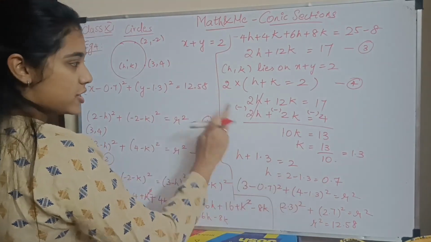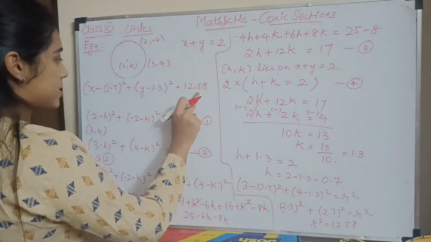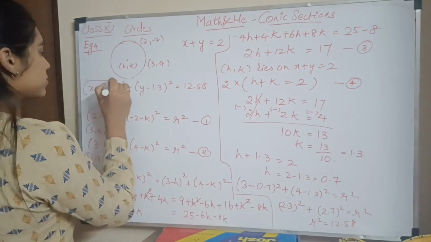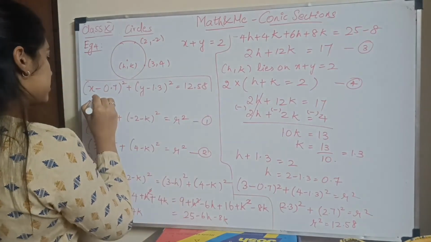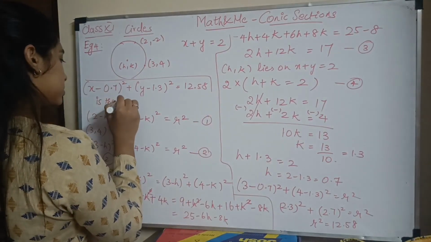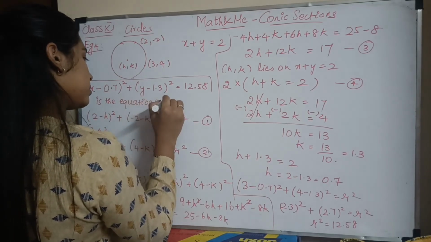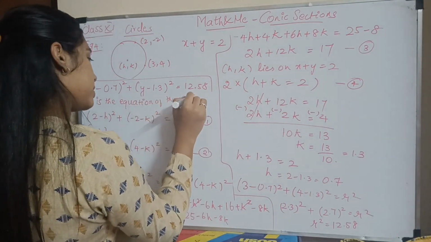It's r square, so I'm directly substituting for r square. So this is the equation of the circle.